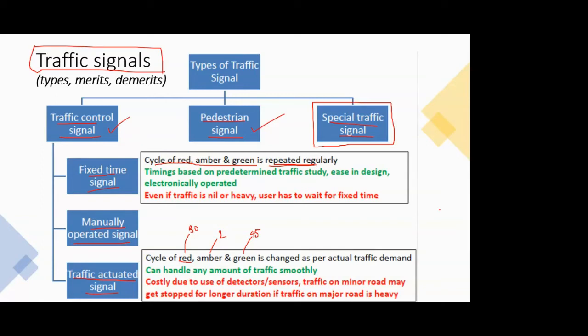But let's say that at night time, you all know the traffic on city roads reduces drastically. Many times you might have wondered that the road is empty, but still there is a red signal, or the red light is on and that signal is working, and you have to follow it by regulation. You don't follow it, that's another thing, but you have to follow it.